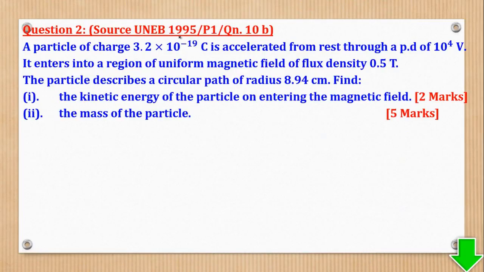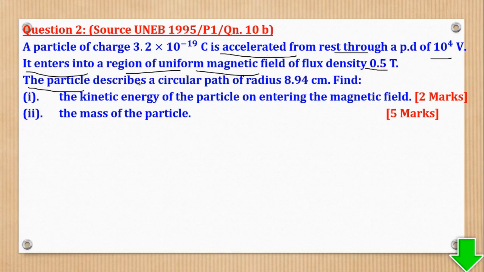Then question 2 came from UNEB 1995, paper 1, question 10b, and it says a particle of charge 3.2 x 10 to the power -19 coulomb is accelerated from rest through a PD of 10 to the power 4 volt. It enters into a region of uniform magnetic field of flux density 0.5 Tesla.